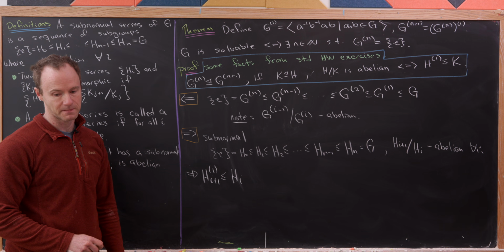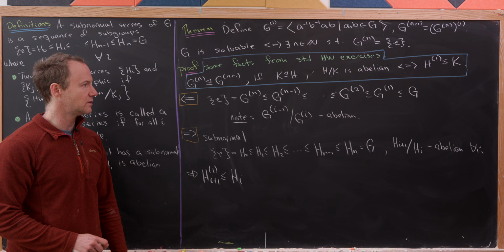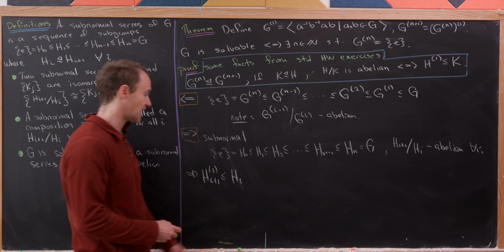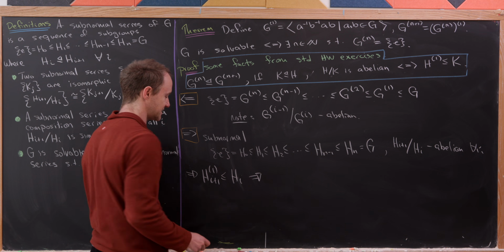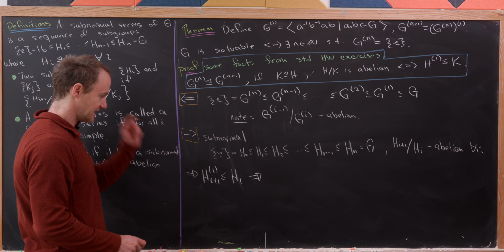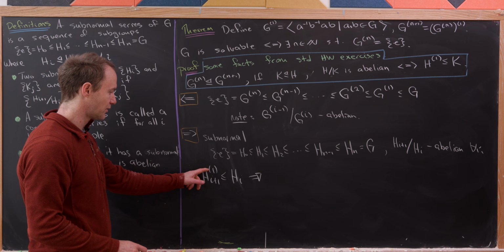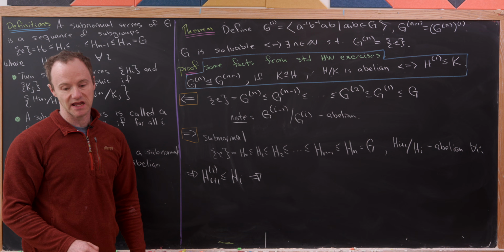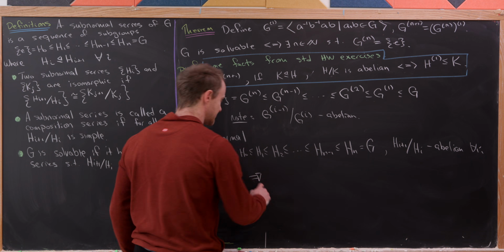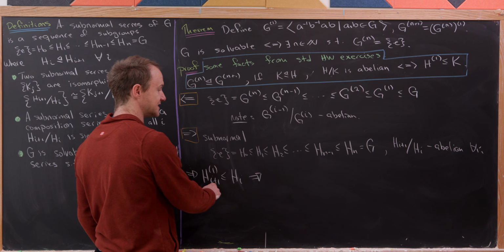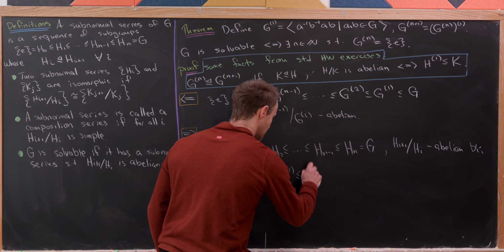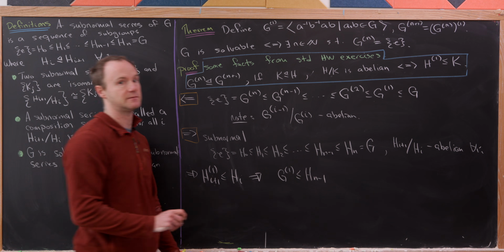Okay, great. But now we can just get going with it, starting at the top. That means that H upper 1 of n is contained within H n minus 1. But since H n is G, that means that G upper 1 is contained within H n minus 1.